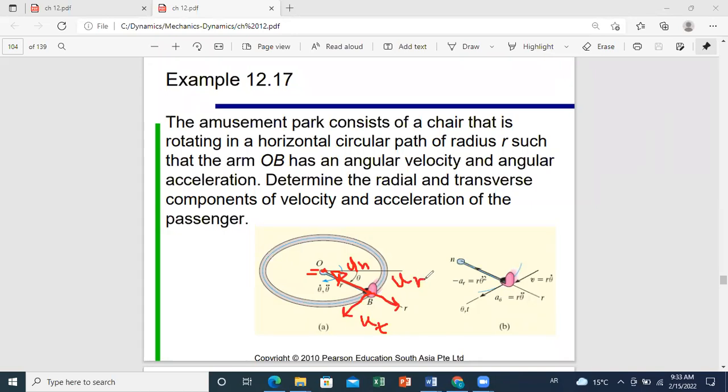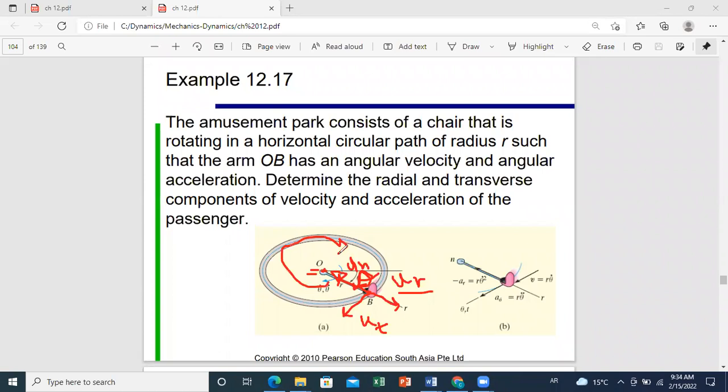And we said that the u theta vector, which is the transverse unit vector, is always perpendicular to ur, okay? And we turn from ur in the positive theta direction an angle of 90 degrees. So as you can see in this figure, theta represents the angle between this horizontal reference line and ur, and it's turning in this direction.